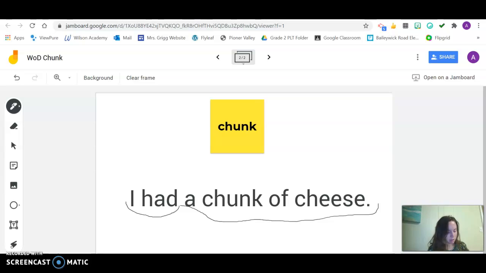On the top line, write the word of the day, chunk, and mark that word up. So I'm going to underline my digraph, box my glued sound, and scoop my syllable so that I have my word marked up like this, just like how we marked it earlier.